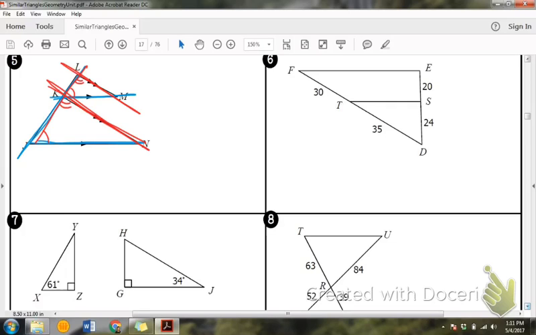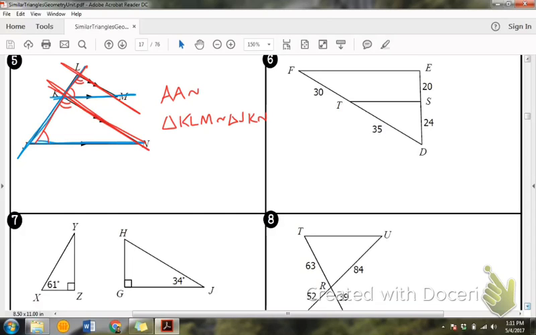If I have two pairs of angles, is that enough to say angle, angle? Yeah, it is. So we can say angle, angle, similarity, and then we will say triangle KLM. Triangle KLM is similar to what? Go ahead, James. JKN. Good.